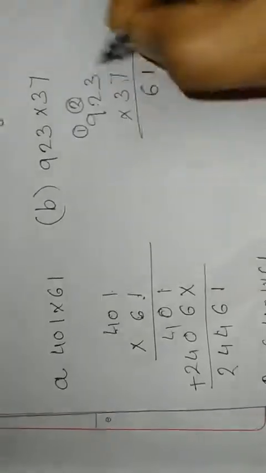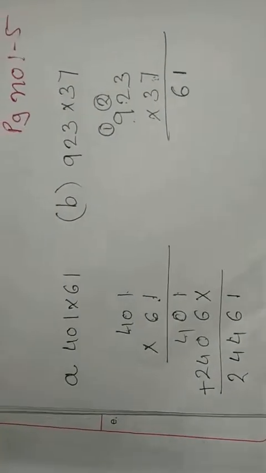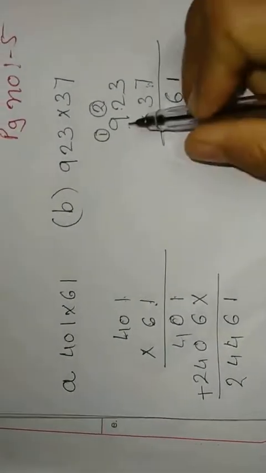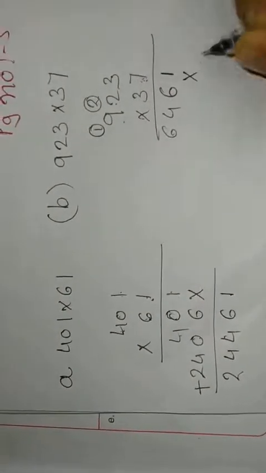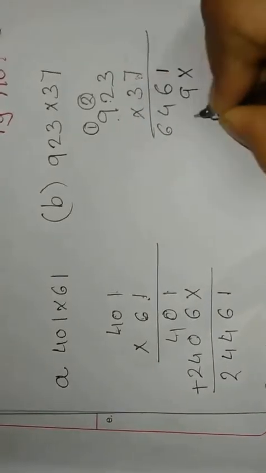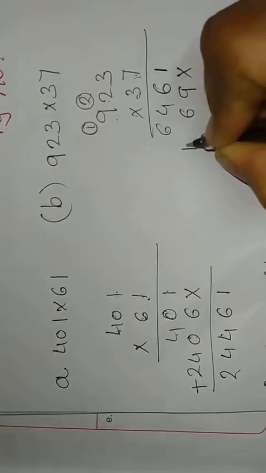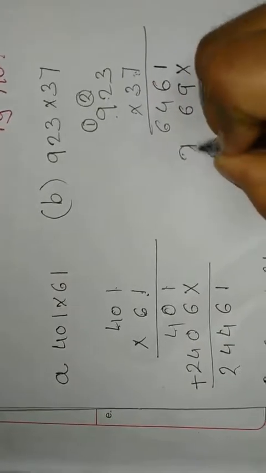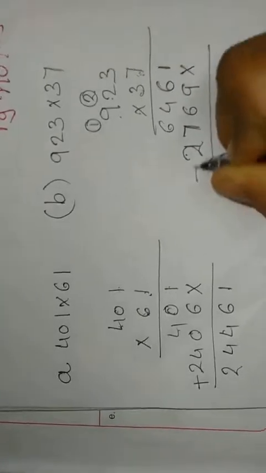1 is a carryover. 7 9s are 63. 63 plus 1, 64. Now we will put here a cross. 3 3s are 9. 3 2s are 6. 3 9s are 27.